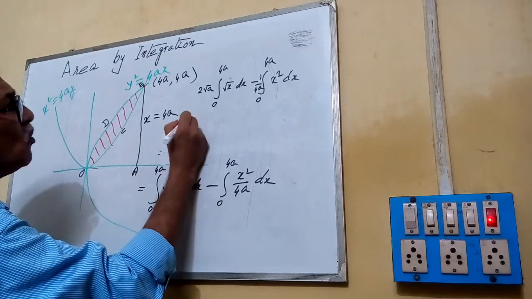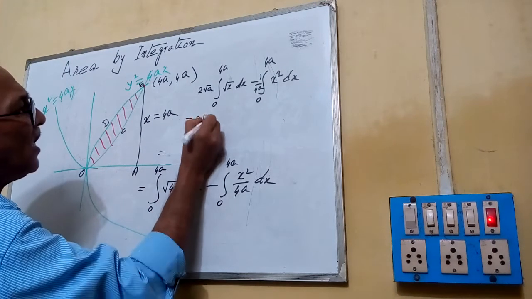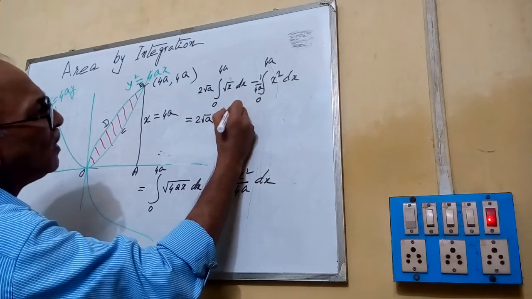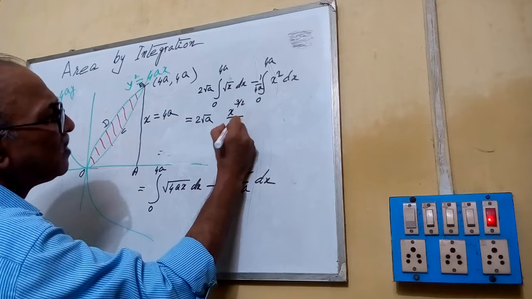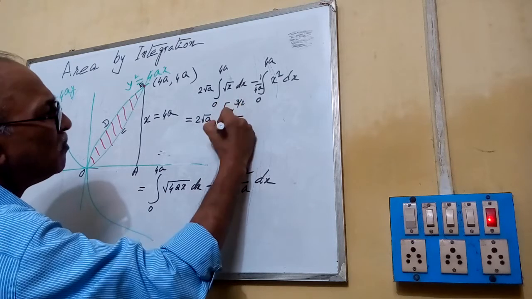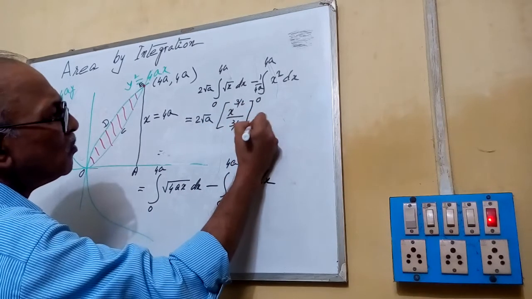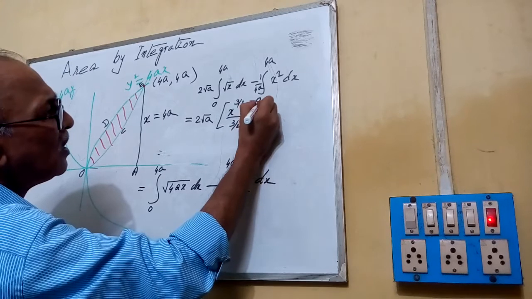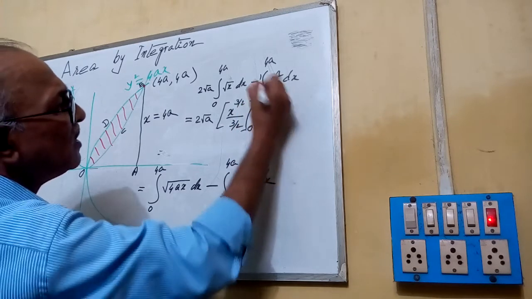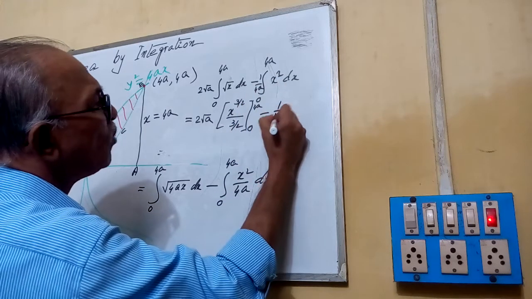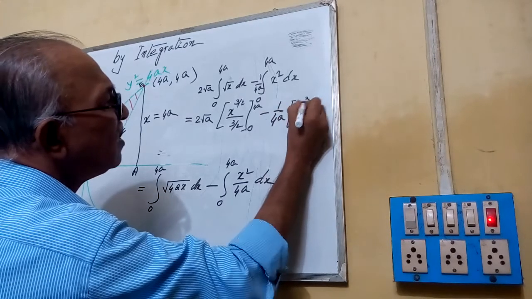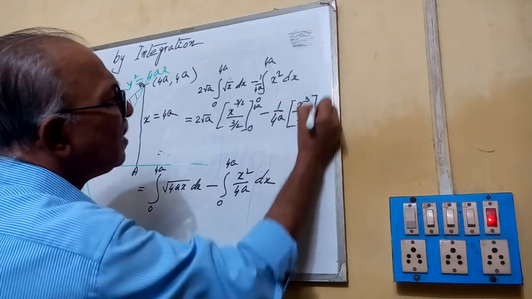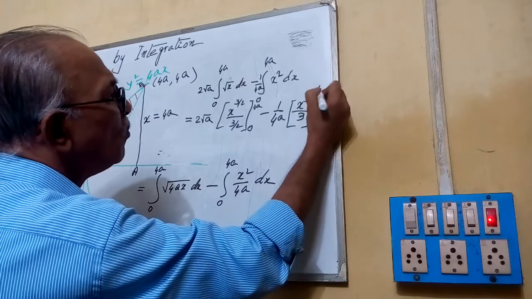This one you also know: it is 2 root a into x to the power 3 by 2 divided by 3 by 2, from 0 to 4a, minus 1 by 4a into x cube by 3, again from 0 to 4a.